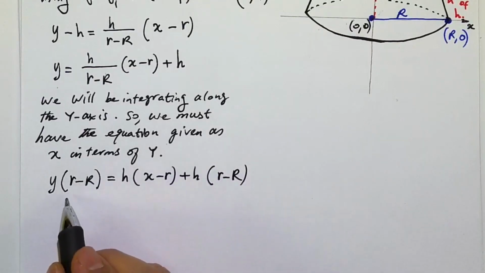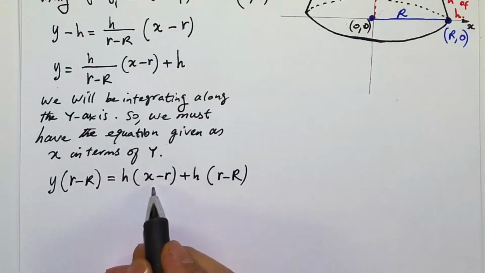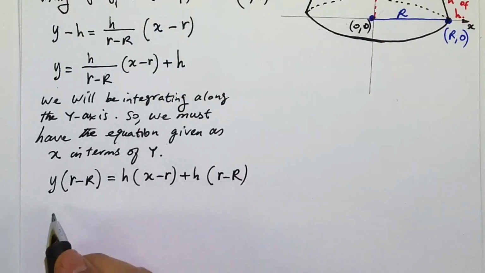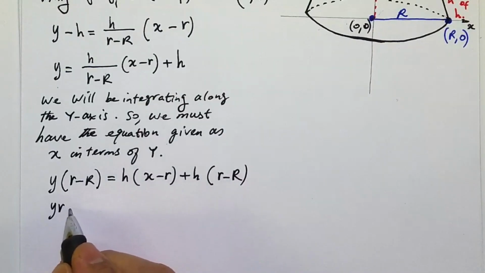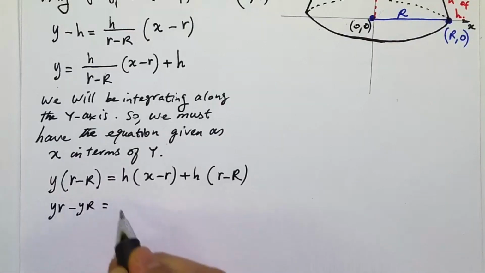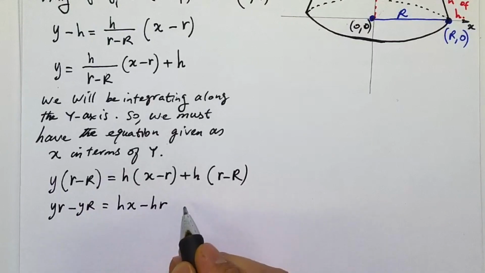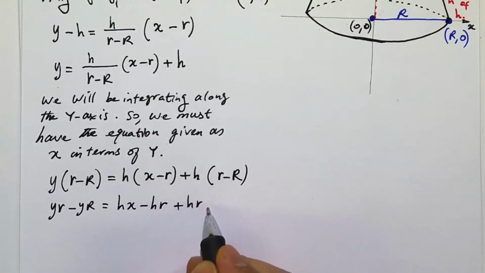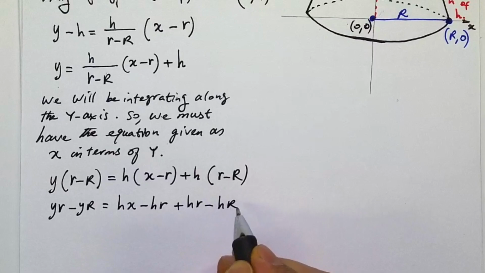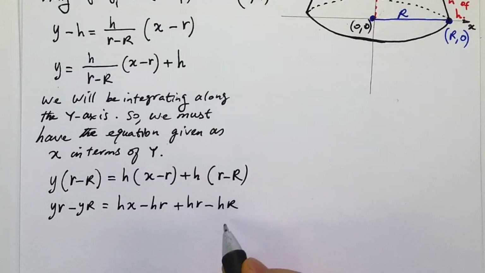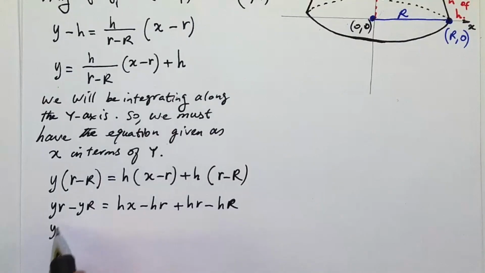Okay, now distributing everything into the parentheses, we have y times capital R, right? So far so good.